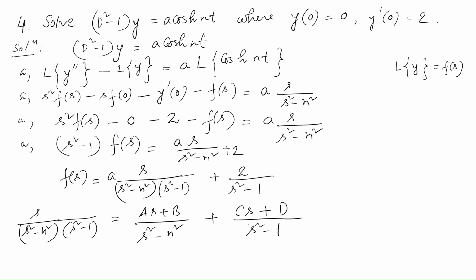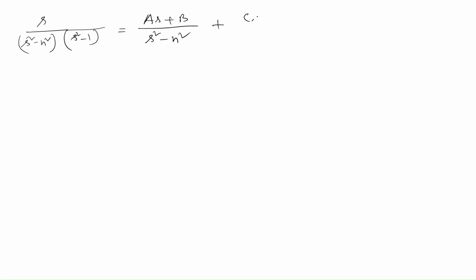Now we'll have s by s square minus n square and s square minus 1, which is equal to as plus b by s square minus n square plus cs plus d by s square minus 1.